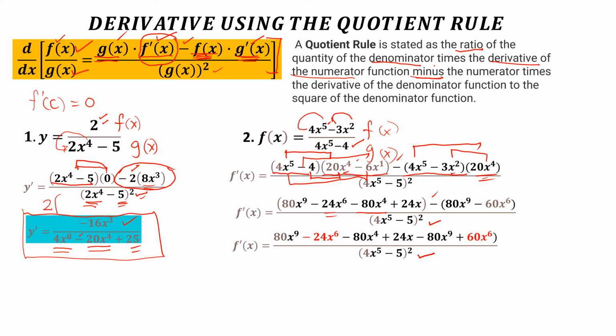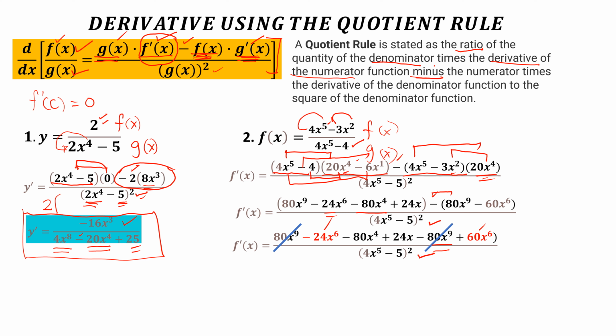So let us now simplify. The 80x to the 9, we are just removing the parentheses, then the negative will be distributed. That is why we have the negative 80x to the 9 plus 60x to the 6. And for that, we know that they are similar terms. So therefore, we can now cancel the 80x to the 9 and this one because it gives us a 0.